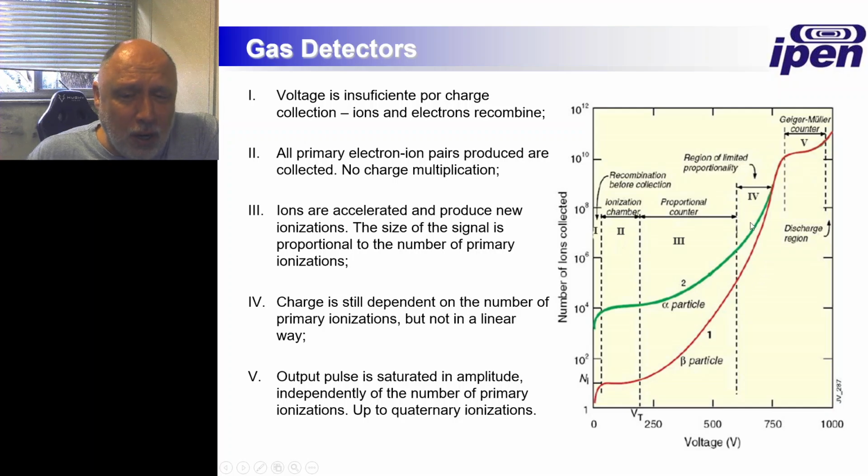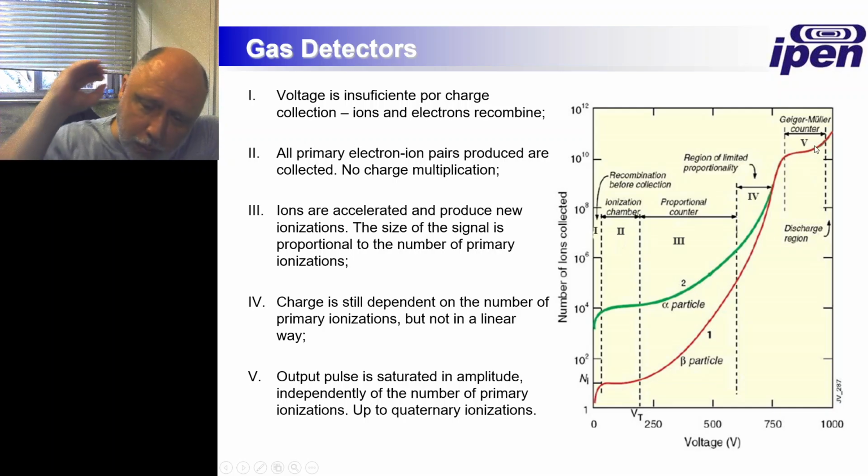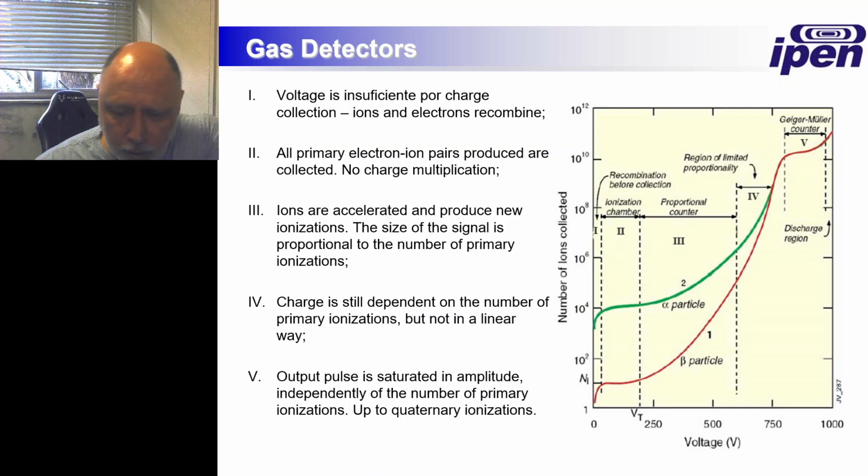And then if you turn up enough, you have saturation. Now every pulse, no matter if it is weak or strong, will be amplified to the exact same level, because then it's just the dynamics of charges within the detector that say what happens. And you have essentially large pulses all the time, no matter if you had a weak or a strong event.